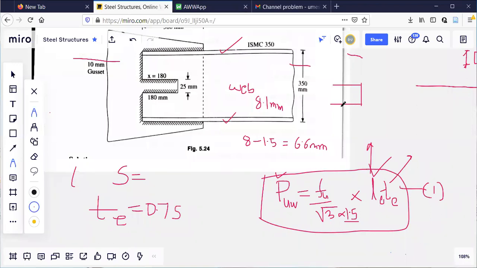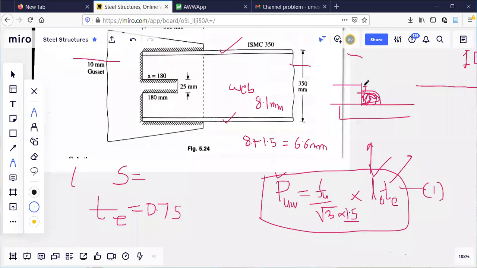If you ask me why it is minus 1.5, this is one plate, and let us say one more plate is connected like this. This is the elevation, thickness. The weld is connected like this. This is the weld applied, and the cross section of the weld is this. Here there is a gap of 1.5. That is why. And the smaller thickness of these two is 8.1 minus 1.5.